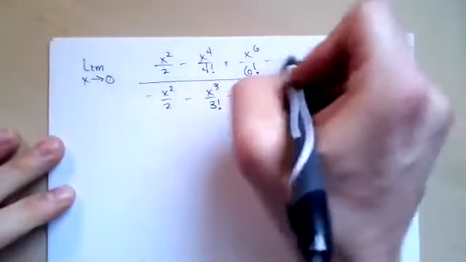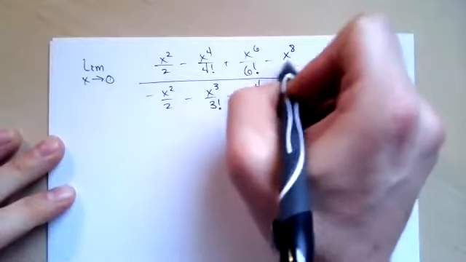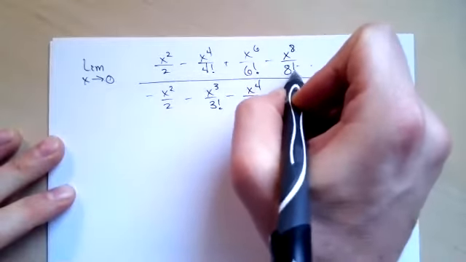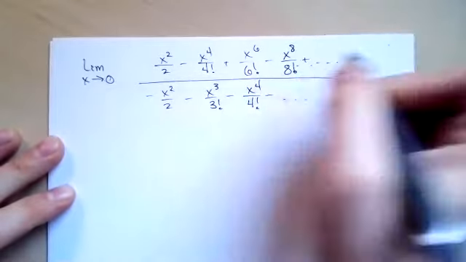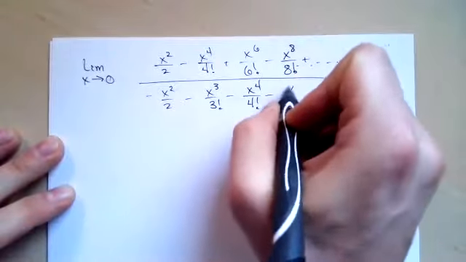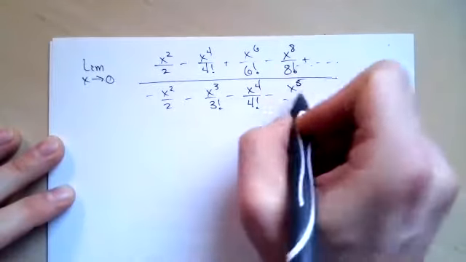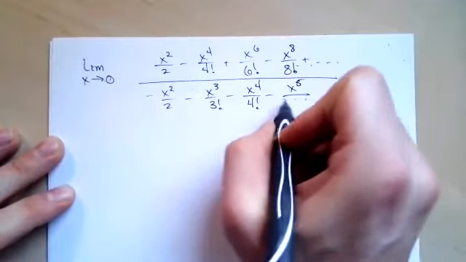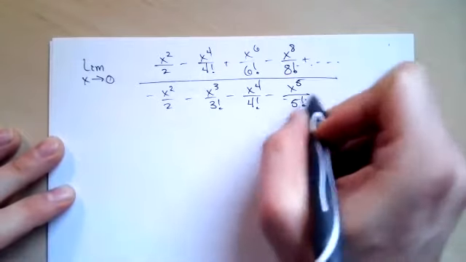Maybe we want to write some extra terms. Let's write one more, both on the top and bottom. I always like to write out and have at least 4 terms. It makes the patterns easier to see.